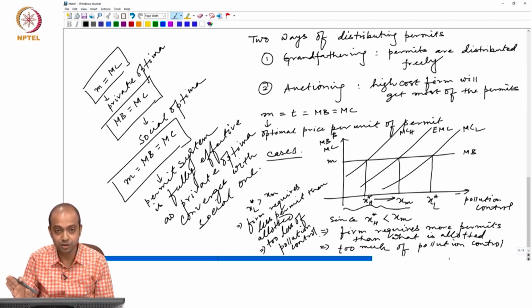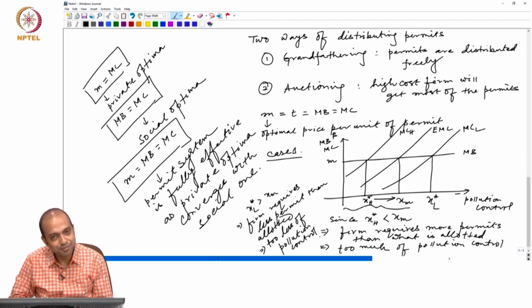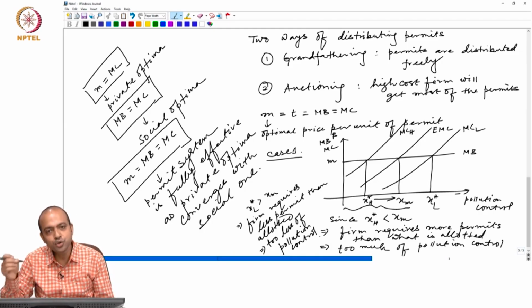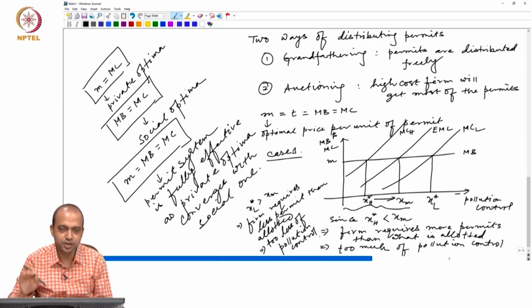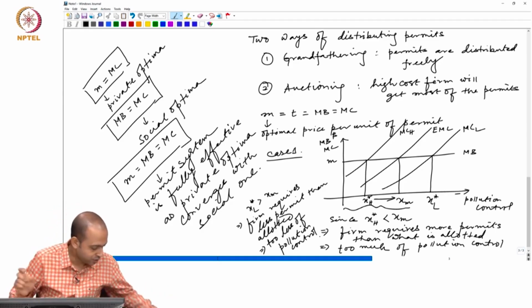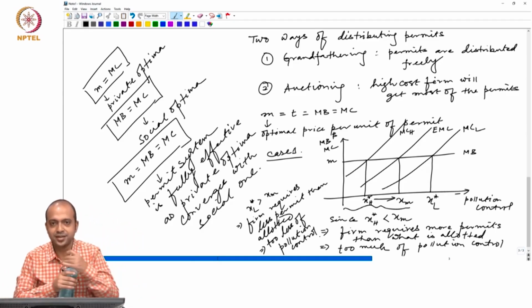Then why should I abate up to XL? I will abate only XM, and for the rest of the pollution I already have permits. So, too little pollution control in this case. So, the permit system is not effective when the marginal benefit is a flat straight line.